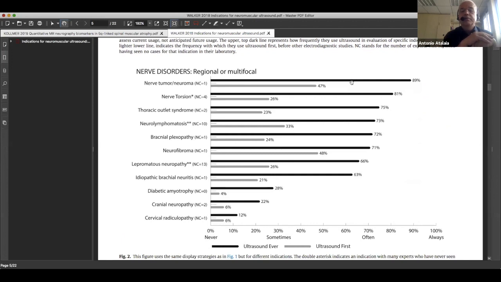So the black bar means that people would use ultrasound in the assessment, and the gray bar means that they would start by ultrasound, and nerve tumors, traumas and torsions are very well represented.